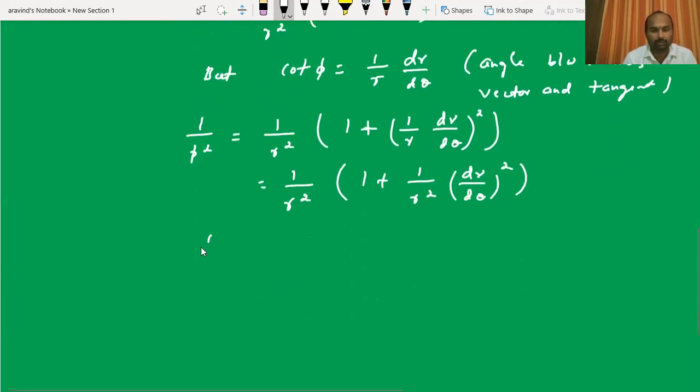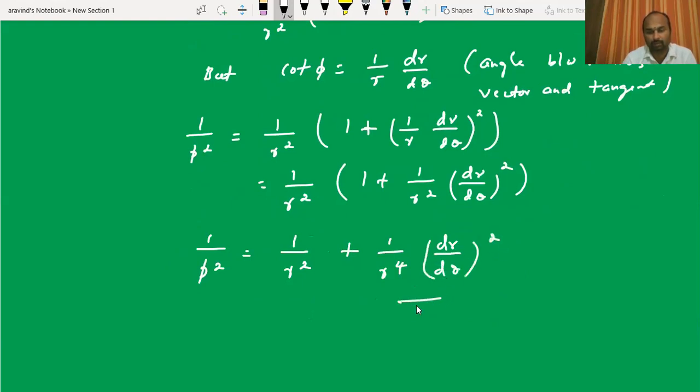So 1 by p square equals 1 by r square plus 1 by r to the power of 4 into dr by d theta whole square. So this is the expression for the length of perpendicular, the pedal equation.